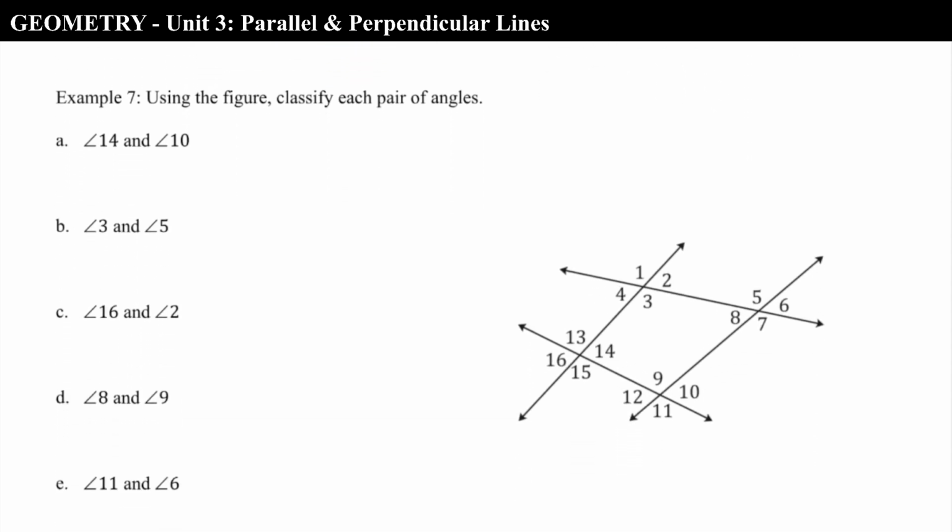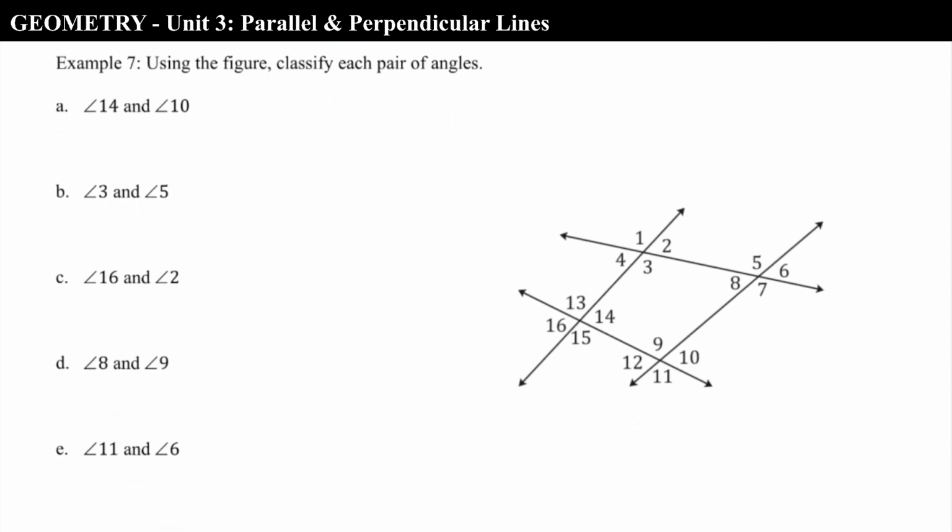All right, for the last example, we're going to use the figure to classify each pair of angles. So 14 and 10, here's 14, here's 10. Those would be corresponding angles. 3 and 5, we would have alternate interior angles. For 16 and 2, those would be alternate exterior.